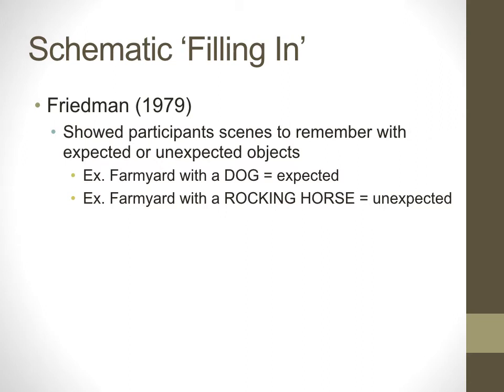Another example could be with a barnyard or a farmyard. They're shown a picture with a dog, which is expected. And so then if they're shown a farmyard with a cat later on, they wouldn't say that that picture was necessarily new when they were trying to recall. However, if they were shown a farmyard picture with a rocking horse the first time and then it was maybe a regular horse in the new picture, that would be considered unexpected and they would identify that change.